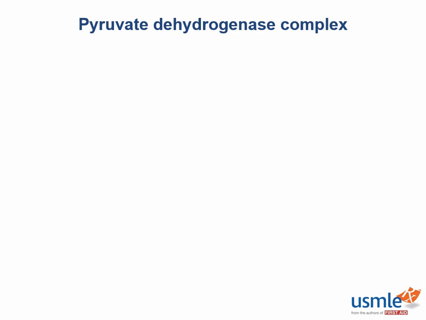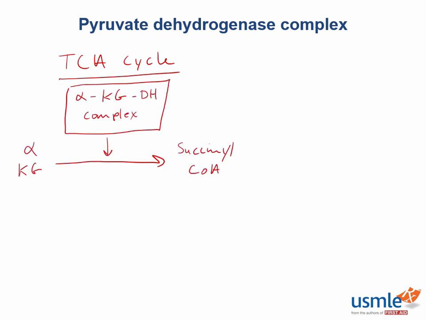Now, with all that said, where can we see a similar enzyme to the pyruvate dehydrogenase complex? There you go, that's going to be within the TCA cycle, and this complex is the alpha-ketoglutarate dehydrogenase complex. And remember, it's involved in the conversion of alpha-ketoglutarate to succinyl-CoA. Now, this complex uses the exact same cofactors that the pyruvate dehydrogenase complex uses.